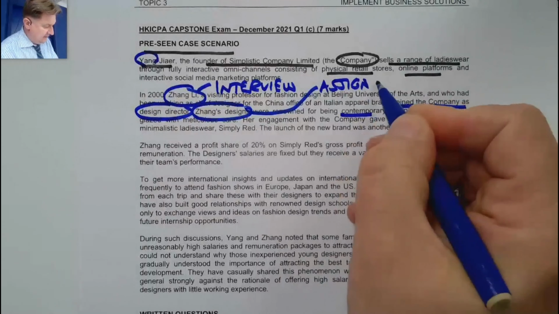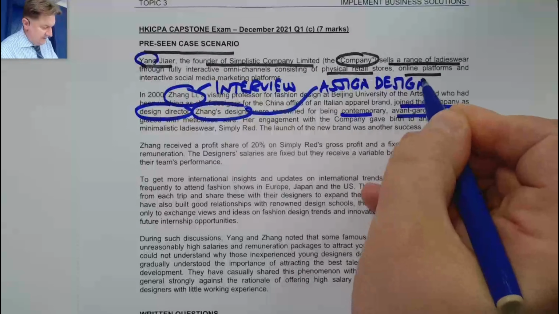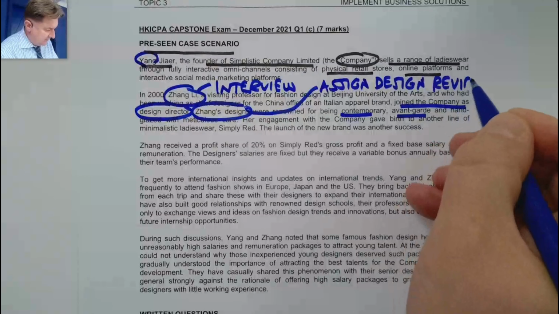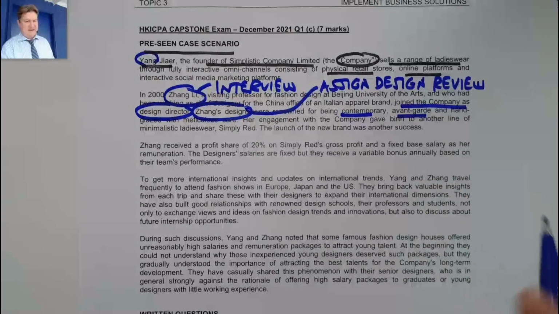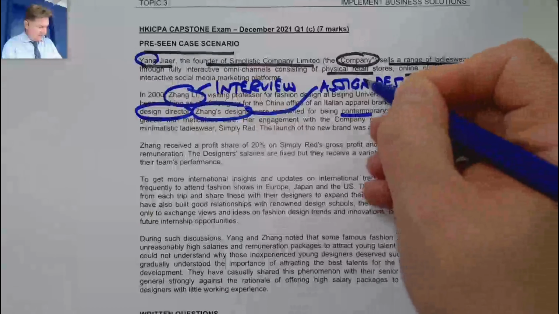Maybe Zhang could assign a design review. So this would really test the candidates here. Can they produce good designs here for this company? So maybe assigning a design review. This would be another good idea here.